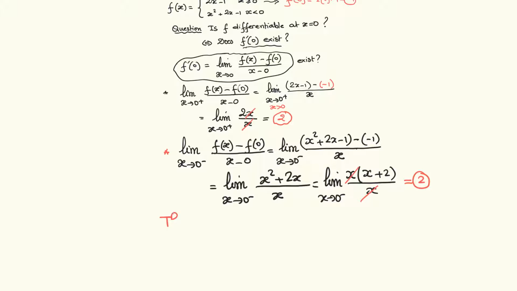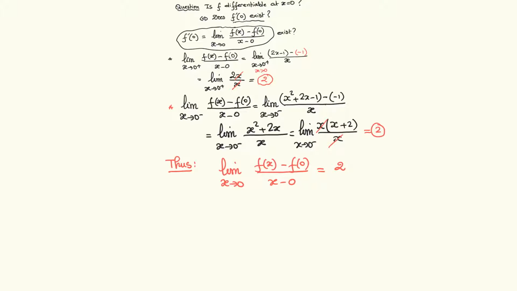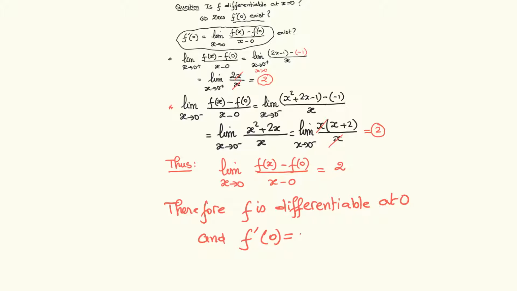Therefore, what we have shown is that the limit as x goes to 0 of f of x minus f of 0 over x minus 0 exists, and it's equal to 2, and therefore f is differentiable at 0, and not only that, but its derivative at 0 is equal to 2.